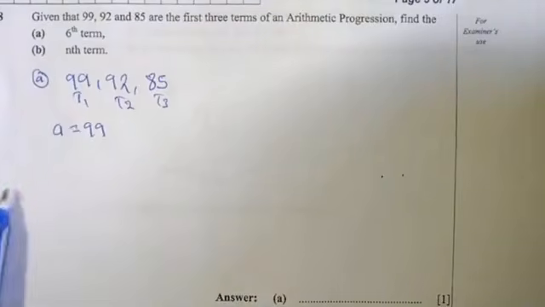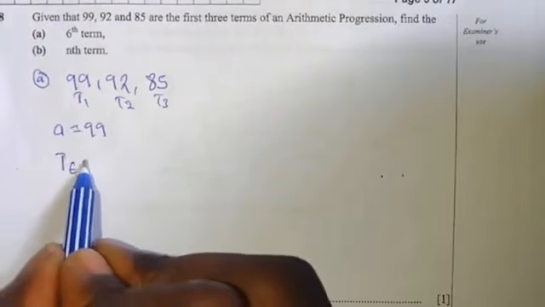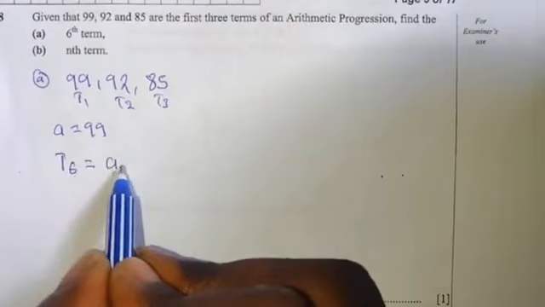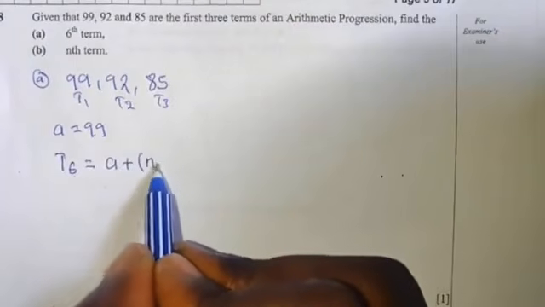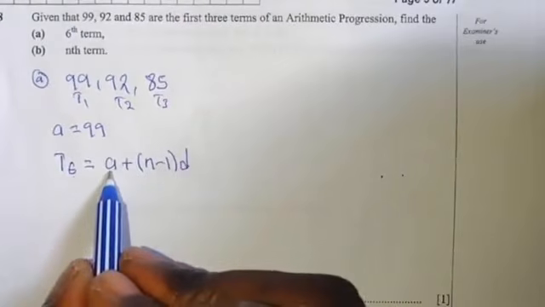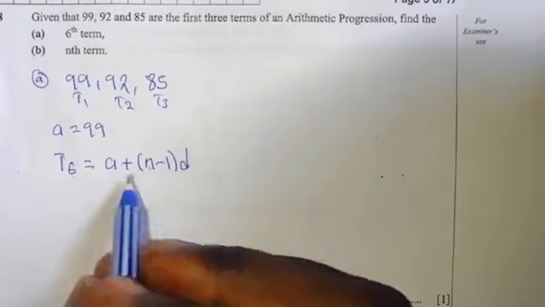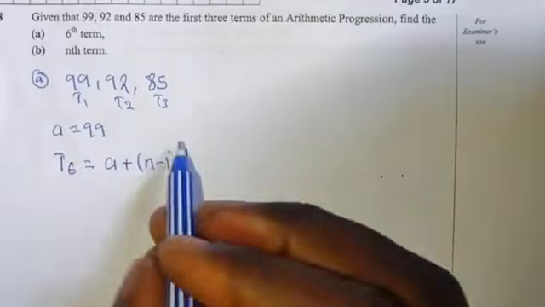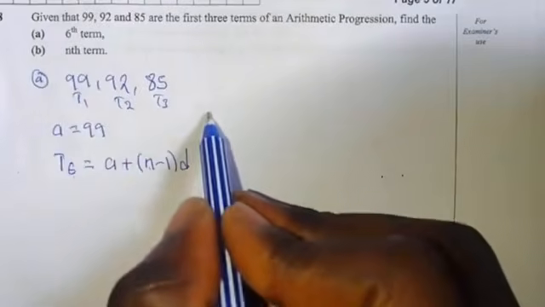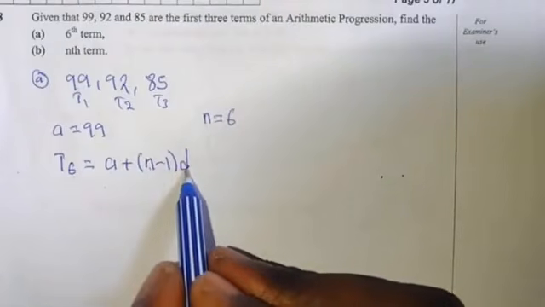Now, to find the sixth term, you need a formula for finding the nth term of an AP, which is, in this case, A plus, open bracket, n minus 1, times D. So A is the first term, n is the number of the term. Since we are saying sixth term, n is equal to 6. Then D is the common difference.